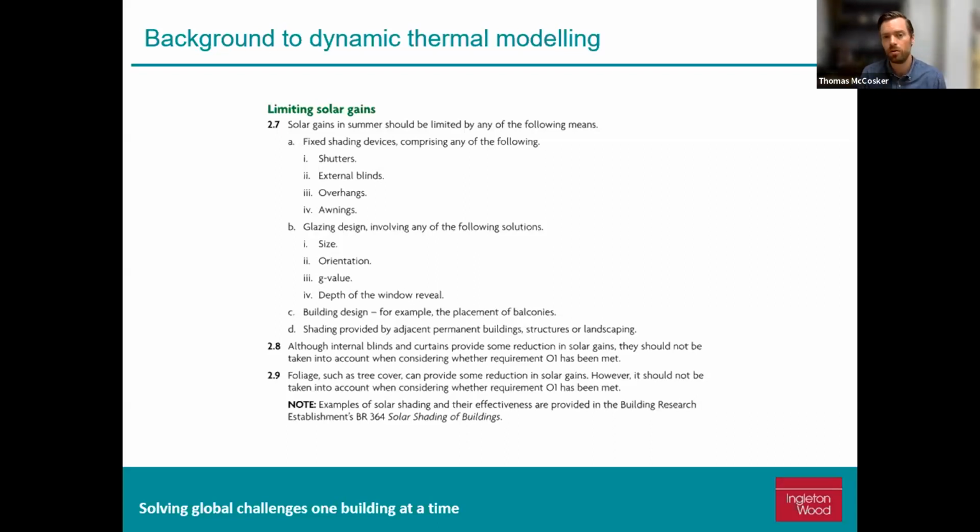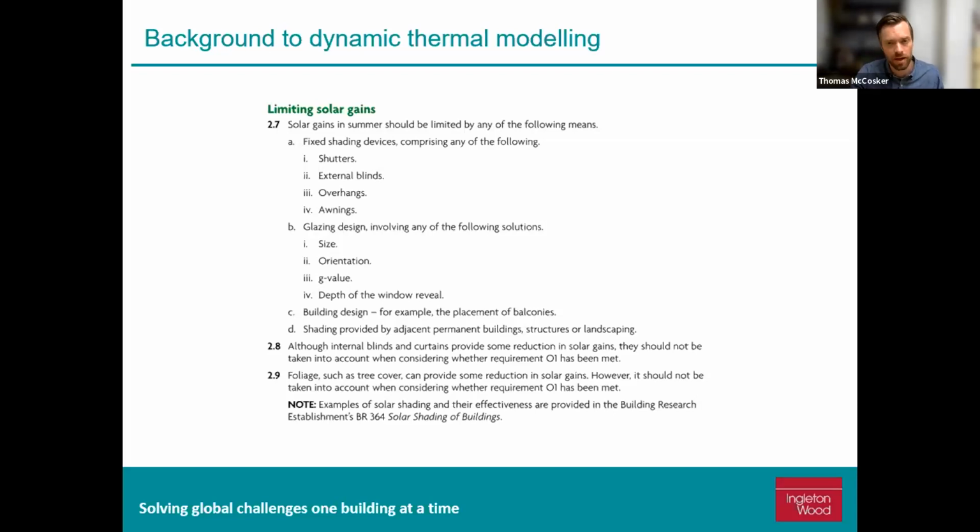This change in Part O to not allow blinds did cause a bunch of headaches this last year, and I'm sure we'll see those again, where previous designs or archived home designs that used to pass fine under TM59 no longer pass Part O because we can't allow for those internal blinds. Presumably, Part O thought that blinds are easy to VE out or they're not used appropriately by occupants.